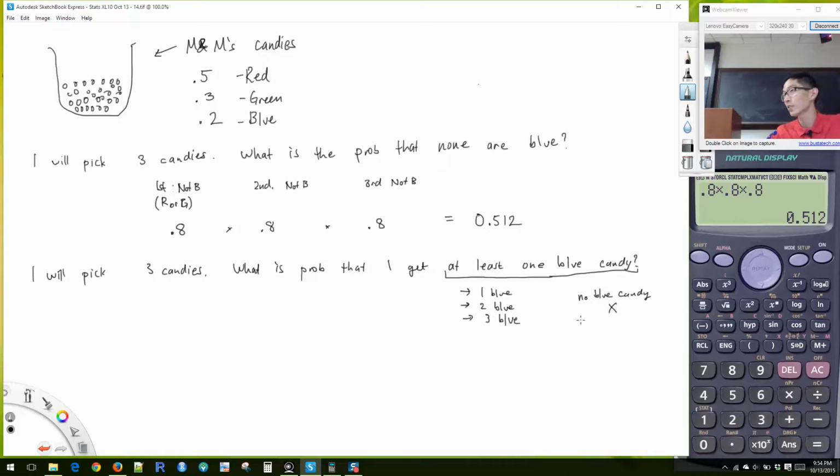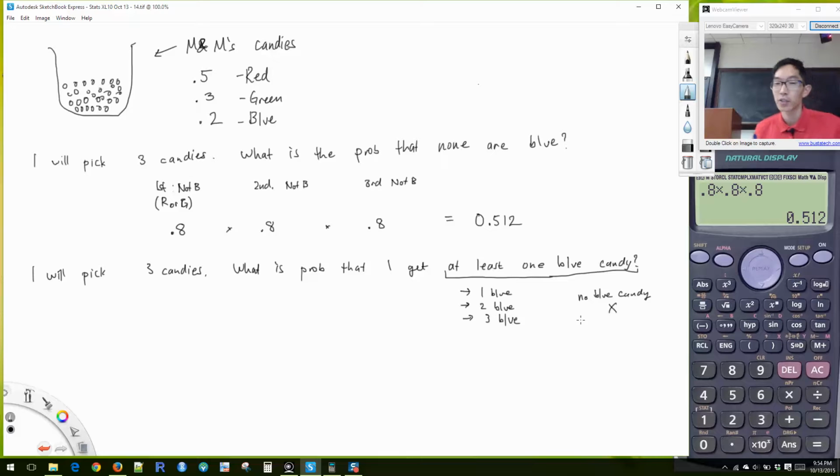The probability it lands on tails is also 0.5. And if I ask what's the probability that I end up with heads or tails, you would say 100%. You can't get anything else. So I'm asking, what's the probability I end up with 0, 1, 2, or 3 blue candies? And you would say 1.